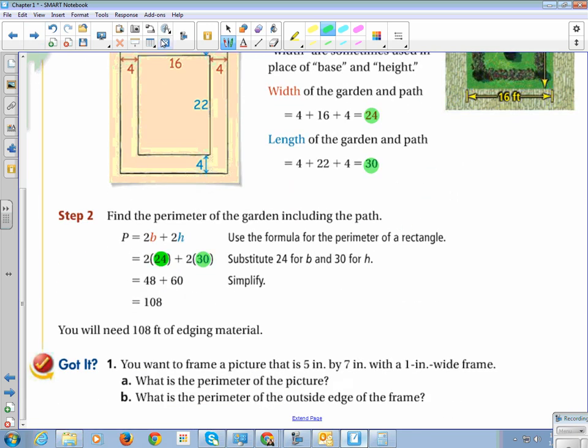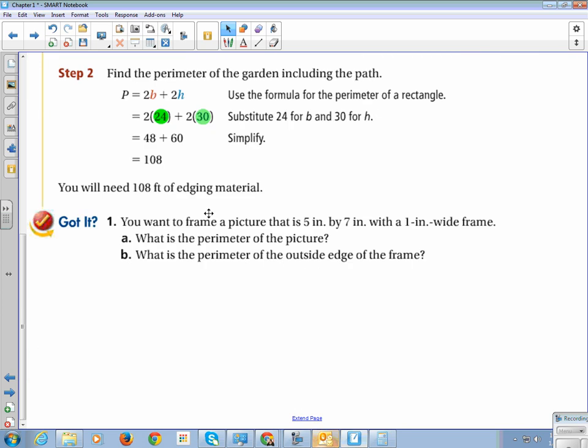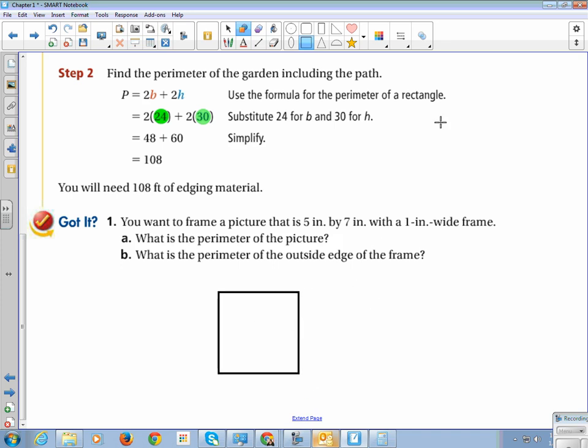All right, so let's look at our sample problem. We want to buy a picture frame that is 5 inches by 7 inches with a 1-inch wide frame. So let's make that happen. You know that from here to here is 1 inch.